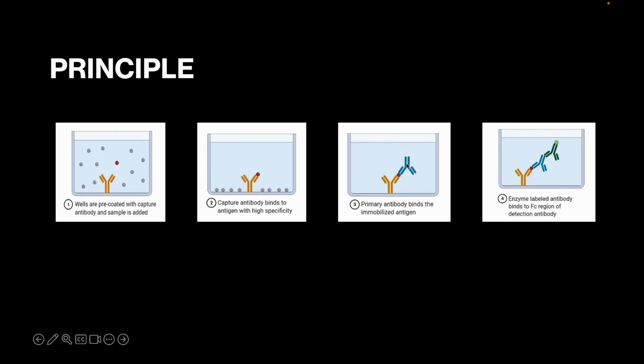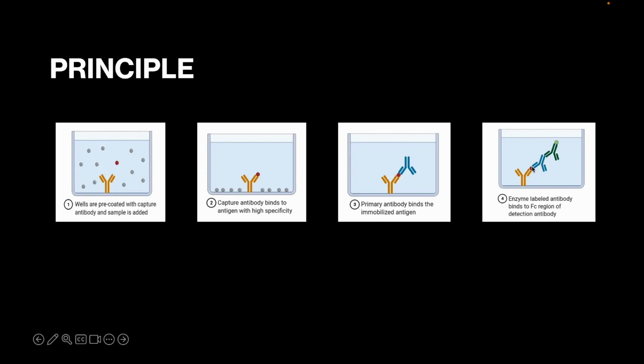But the next portion that you see, the long tail at the end of most antibodies, is called the constant region. This is not very specific because each antibody has an Fc region which is the same. So we put another antibody which binds to this constant region, which does not change from antibody to antibody, and this antibody is linked with an enzyme.